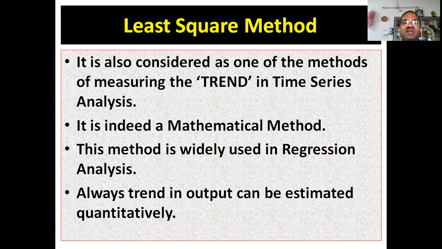The first method, the freehand curve method, which is also known as the graphic method, is also a statistical method, but with the help of hand we can draw a graph, plot the variables and find out the values of trend. But this least square method is a mathematical method, and it is a very scientific one too.